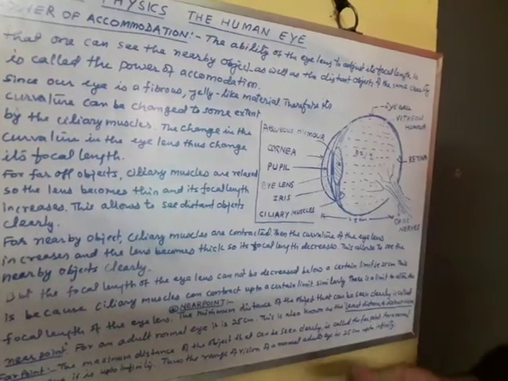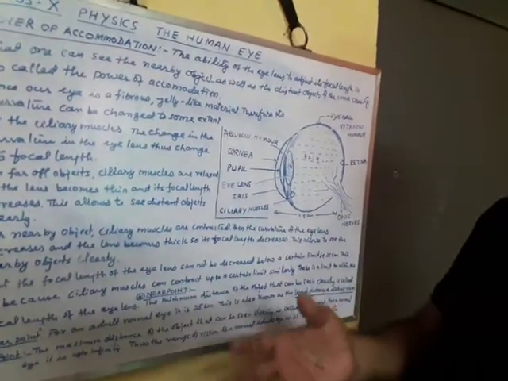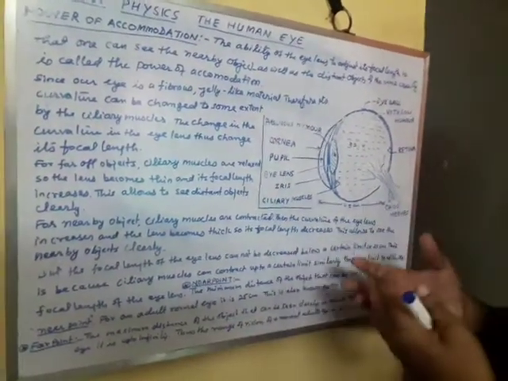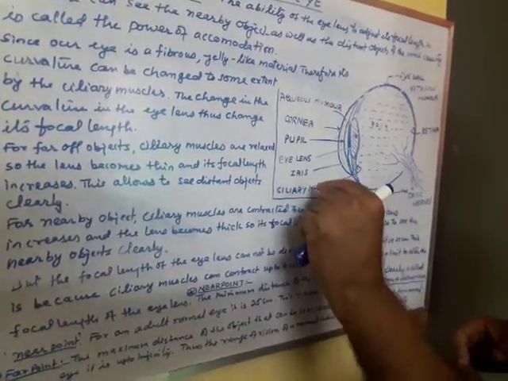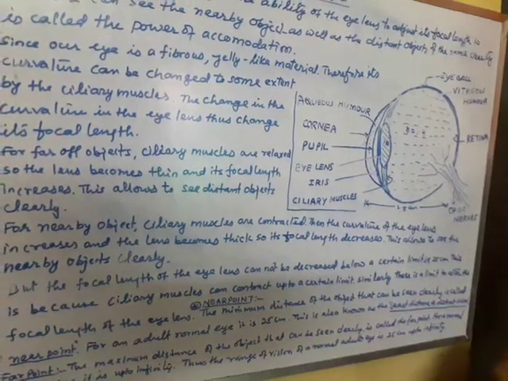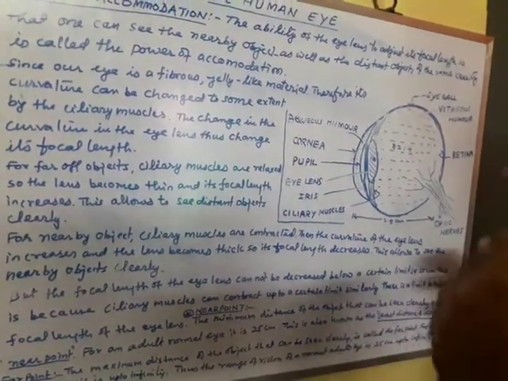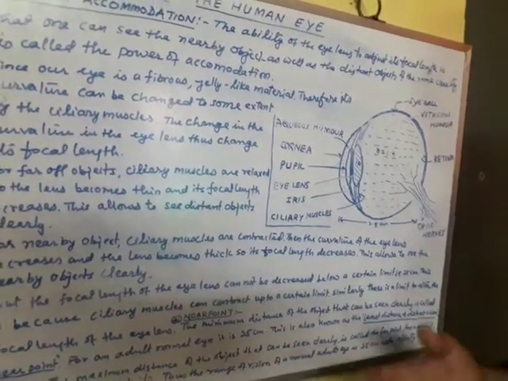But when we see an object in dim light, it requires more light to be supplied into the eye. Therefore, the aperture of the pupil is increased with the help of the iris, and the pupil collects more light from the surroundings in the dim medium.